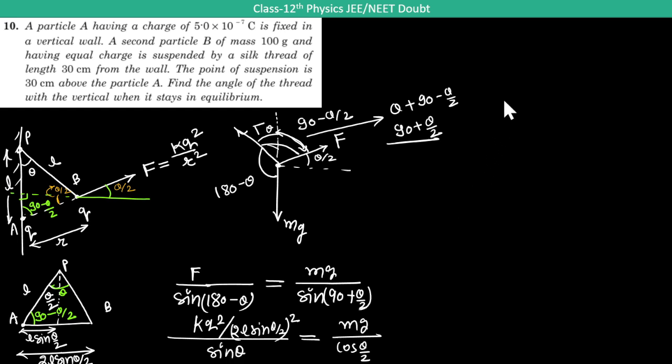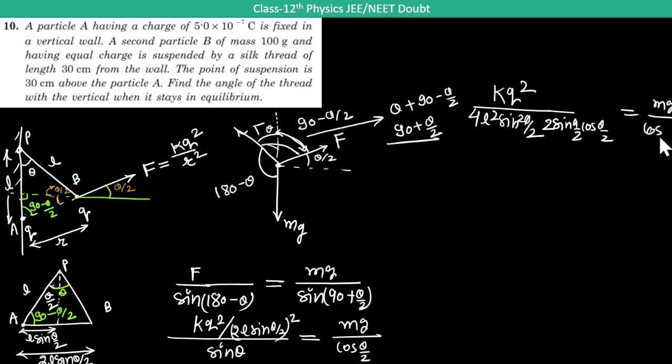So the next equation is kQ square divided by 4L square sine square theta by 2, times 2 sine theta by 2 cos theta by 2, equal to mg divided by cos theta by 2.